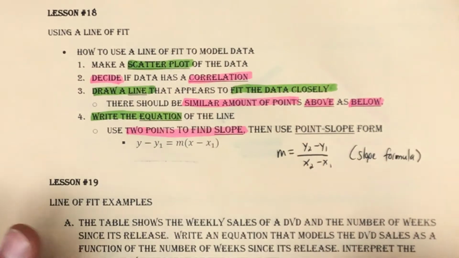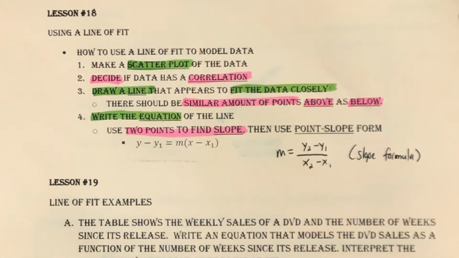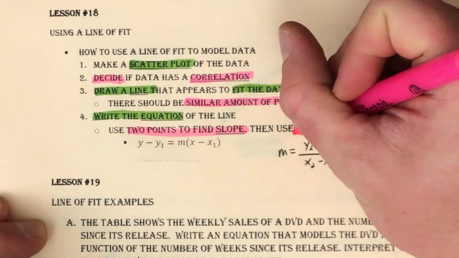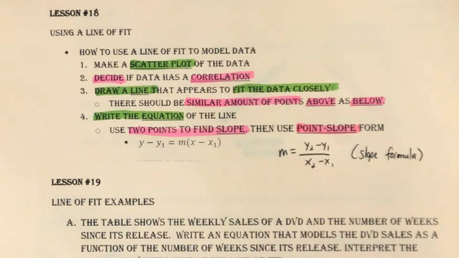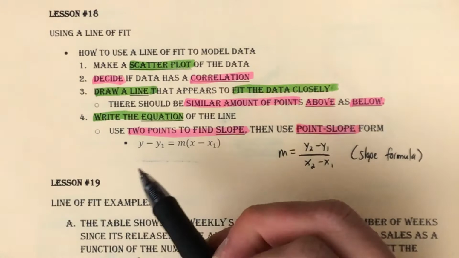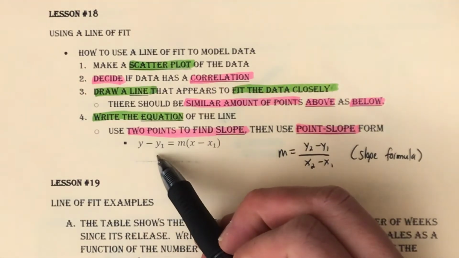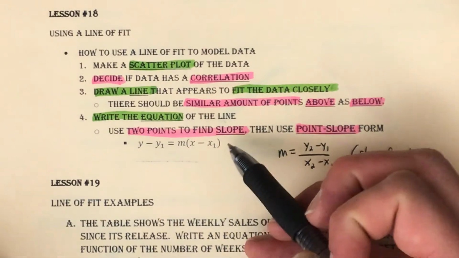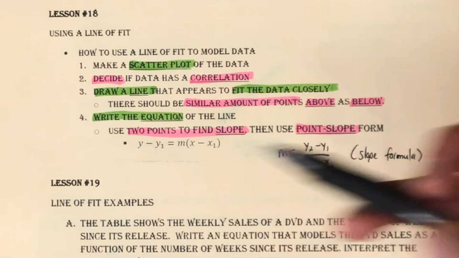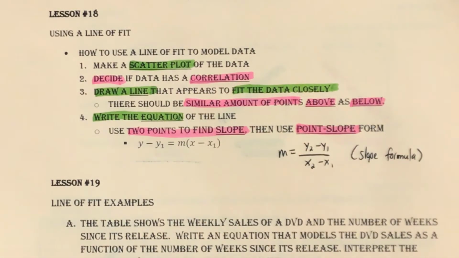Then once we've found the slope, we can use the point-slope form, because we know a point on the line and we know the slope of that line. The point-slope form says, put it into y minus y1 equals m, which is the slope, times x minus x1. Remember, x1 and y1 is where you put the point, the x and y coordinates.